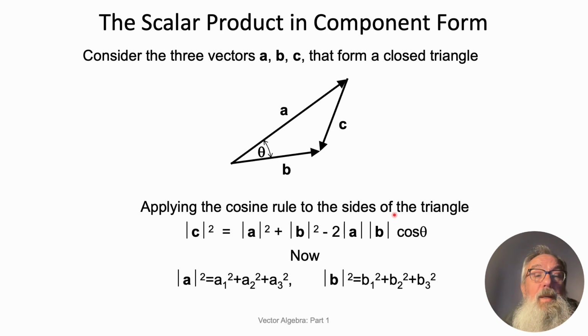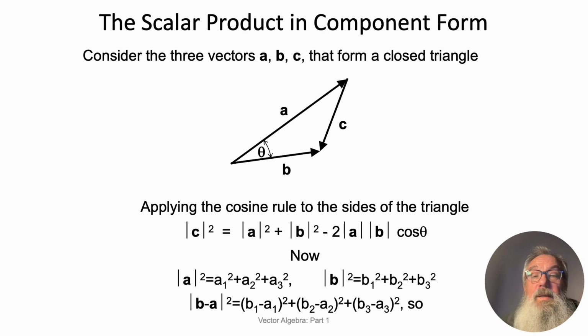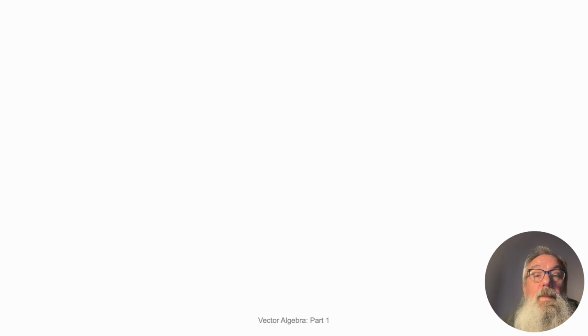Now, as these two vectors have components, our magnitude of A all squared in component form is A1 squared plus A2 squared plus A3 squared, and similarly for B. So we've got those two, and we can substitute them into this cosine rule. It starts to get a bit longer once we expand. For B minus A, it is that, and we're going to see that used in the next slide.